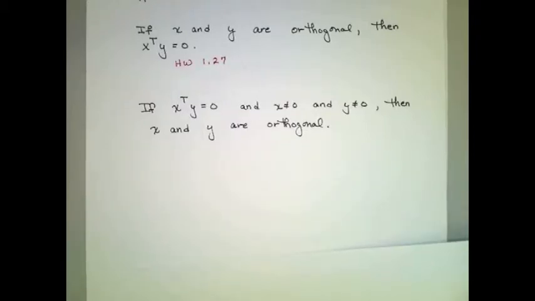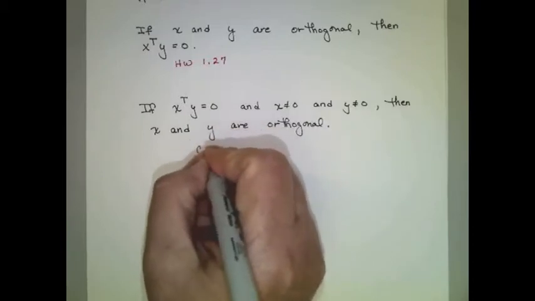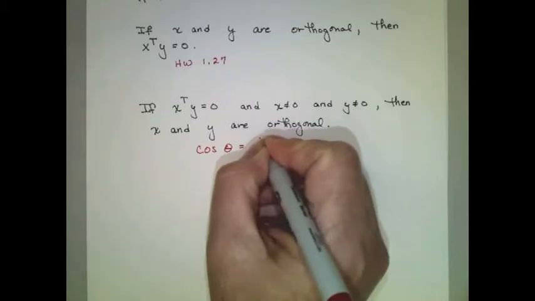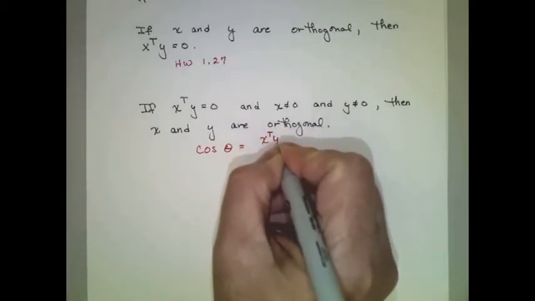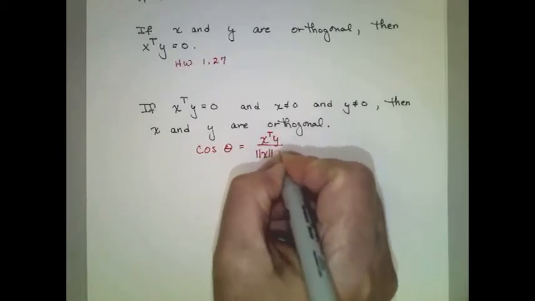Well, let's think about this a minute. What do we know from our last problem? We know that the cosine of the angle is the dot product of the vectors divided by the length of each of the vectors.